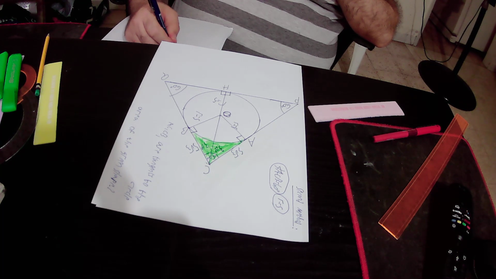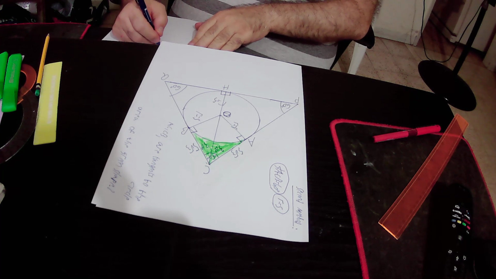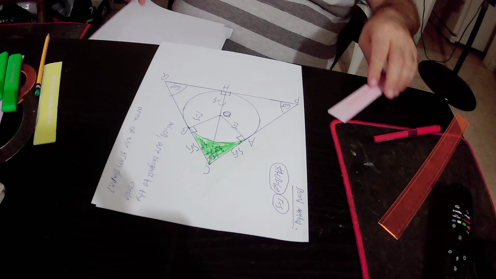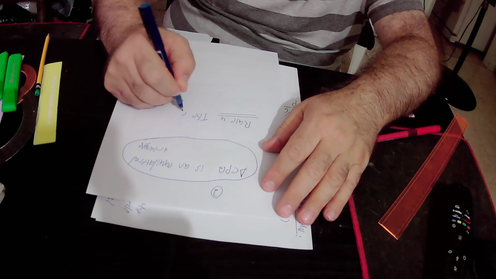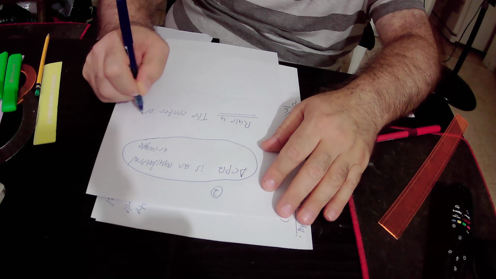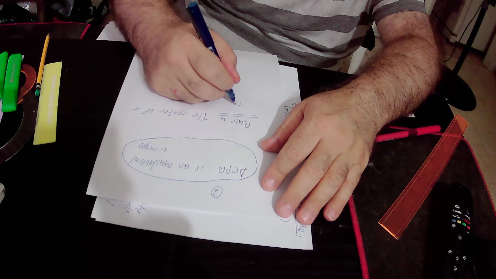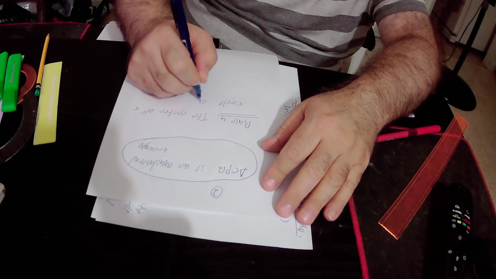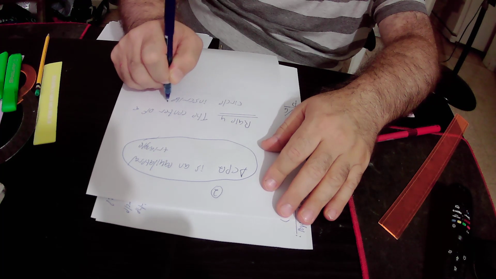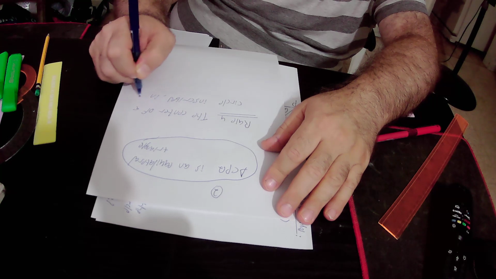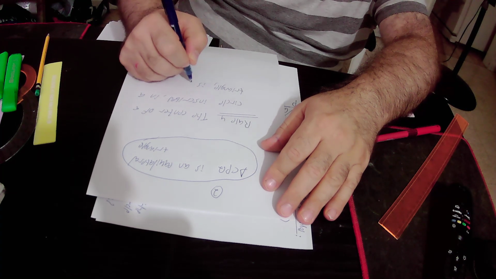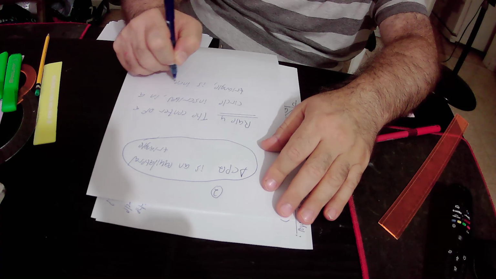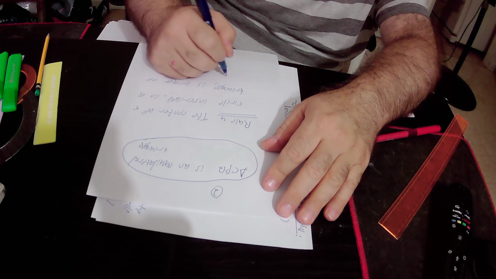And we have a new rule, rule number 4. Rule number 4 states that the center of a circle inscribed in a triangle is the incenter of the triangle.